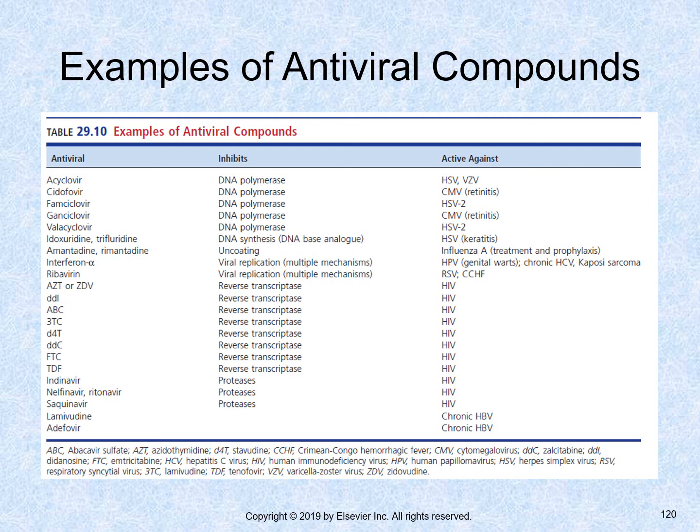Acyclovir for HSV or cidofovir for CMV are examples of those DNA polymerase inhibiting compounds. Another method of inhibition is reverse transcriptase inhibition. So you can see several of the compounds for HIV target the reverse transcriptase.